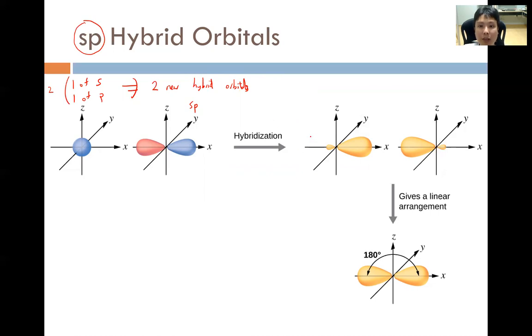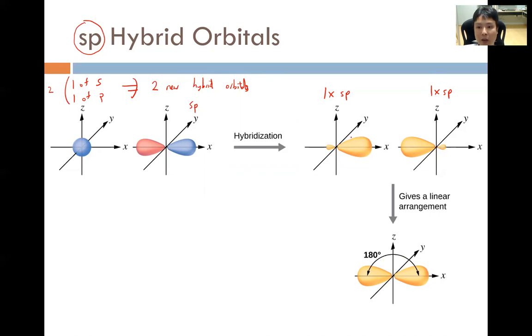The shape of the sp orbital looks like this. It is directional, in the sense that there is a bigger lobe in one direction and a smaller lobe in the other. So this is one of the sp orbitals, and this is the other one, at 180 degrees separation.